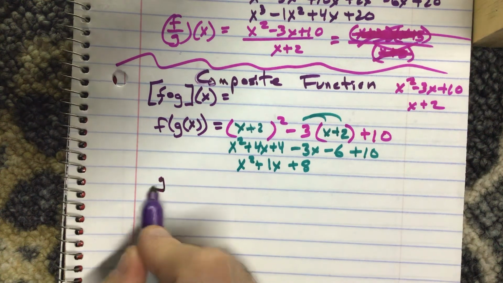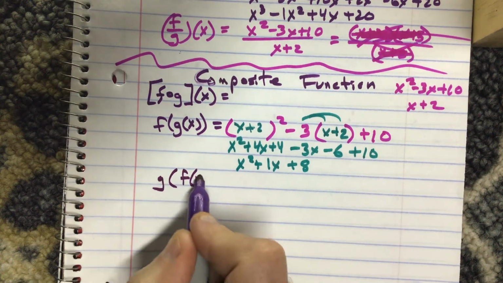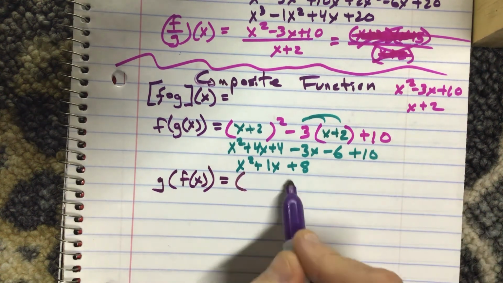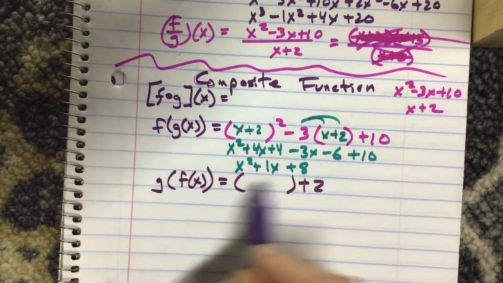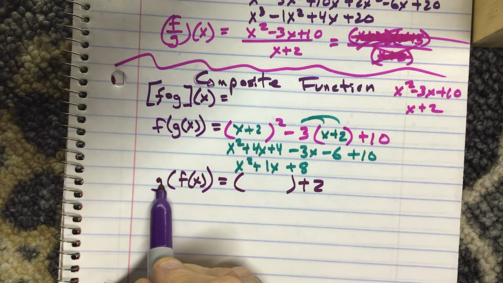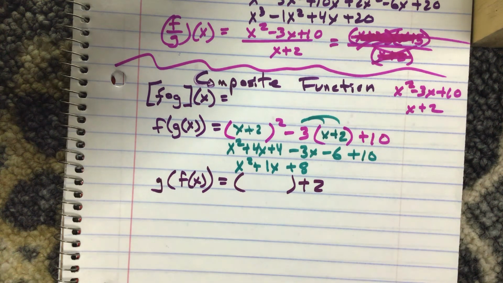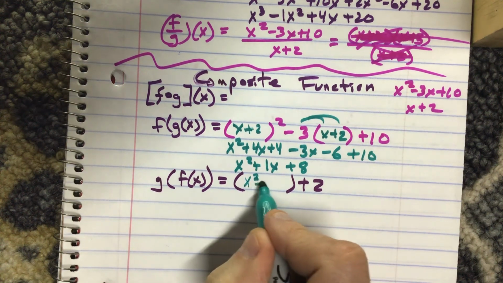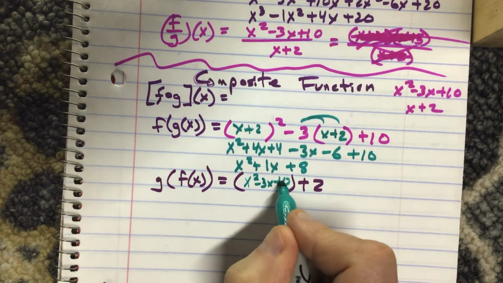But you can also do g of f of x. So you take the g function, which is x plus 2. That's my g function. And I want you to plug in f of x into that. So take the f of x function, x squared minus 3x plus 10.